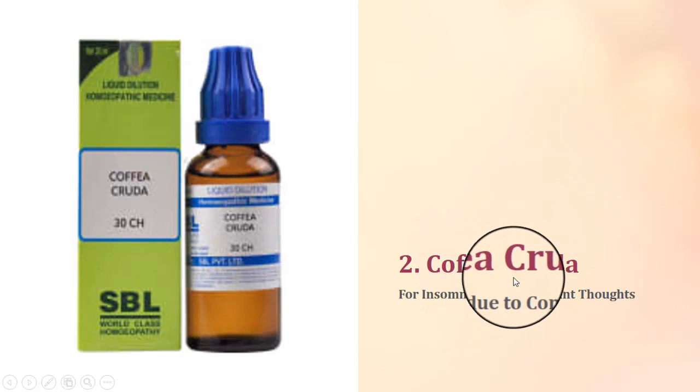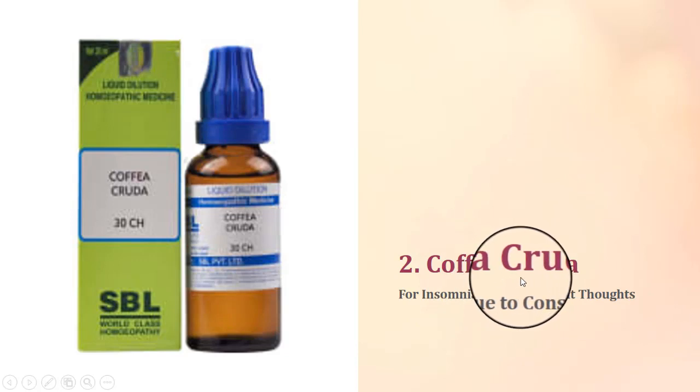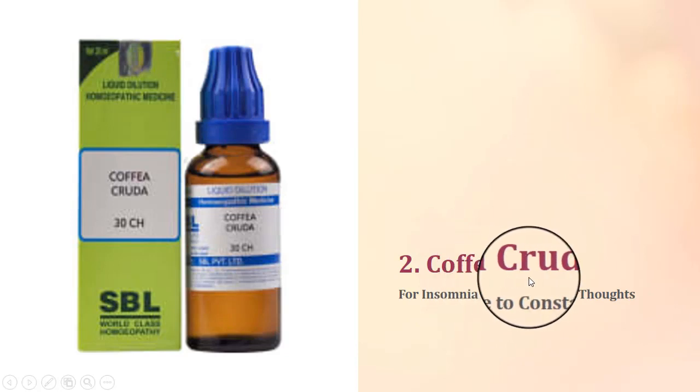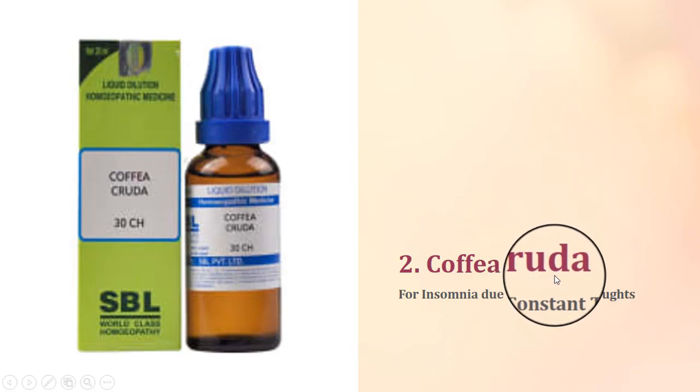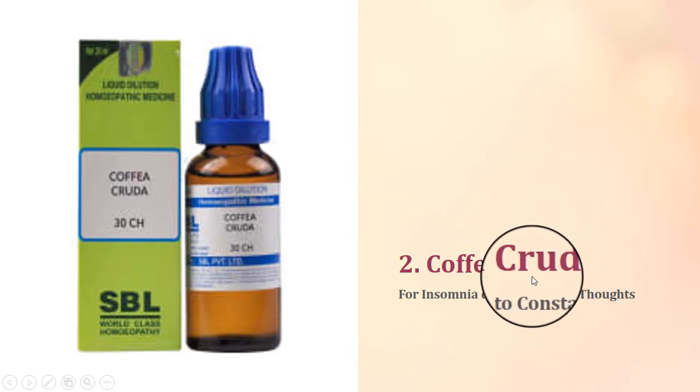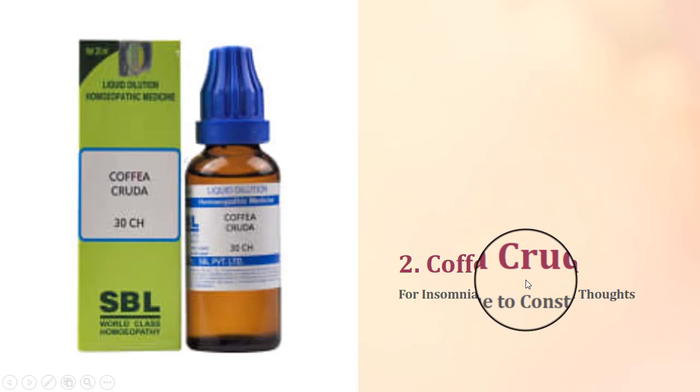What are the key indications for using Coffea cruda? First, insomnia from constant thoughts in the mind. Second, early waking from sleep with difficulty to fall asleep again, that is in the second half of the sleep. Third, disturbed sleep from excessive dreams.